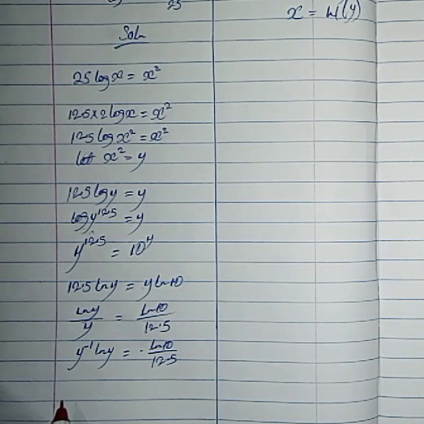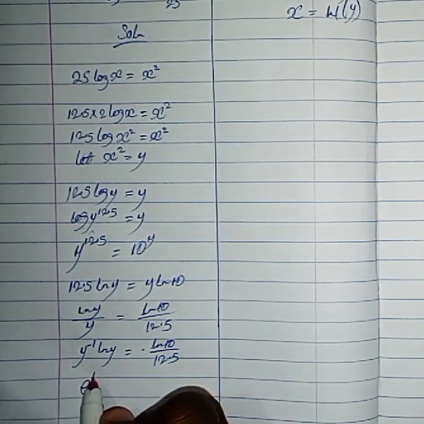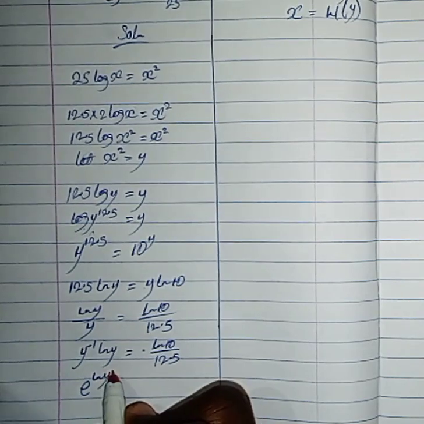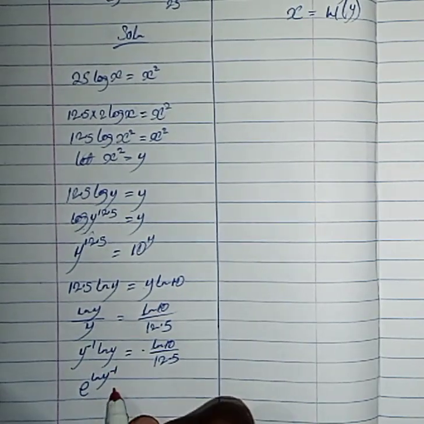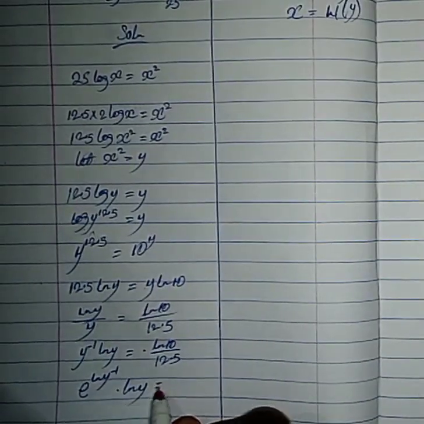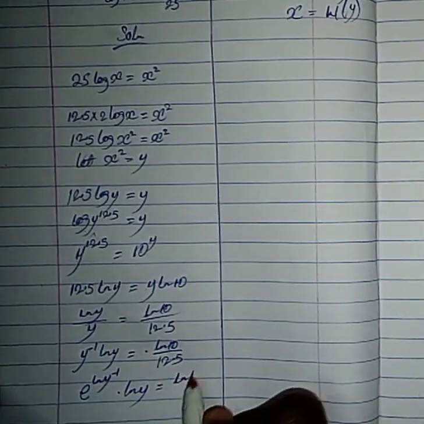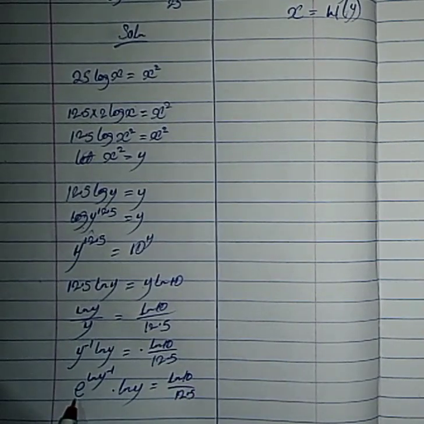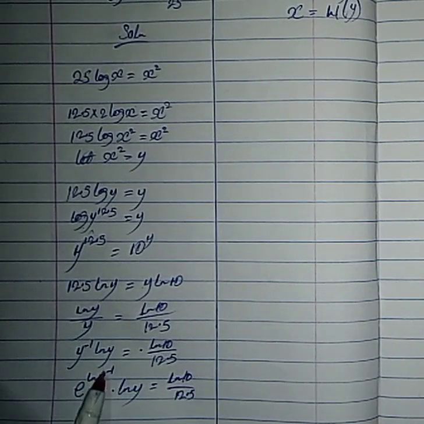If I am to introduce the e, I want this to be written as e raised to the power of ln y raised to the power of negative 1, times ln y, equals ln 10 over 12.5. Yes, this is very legit.